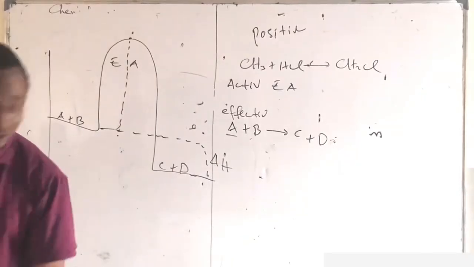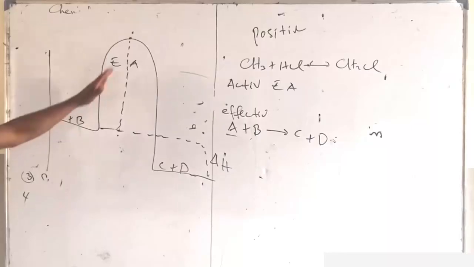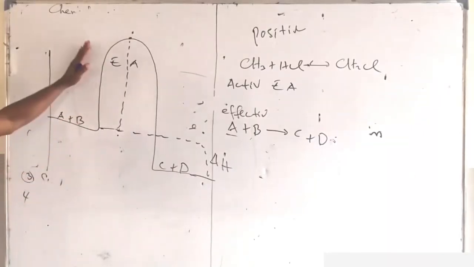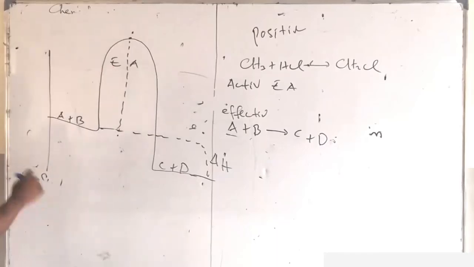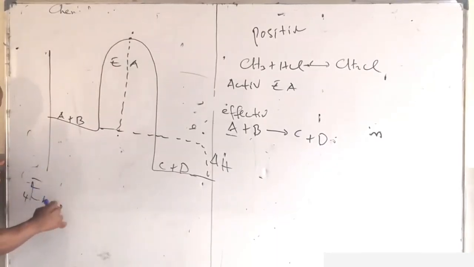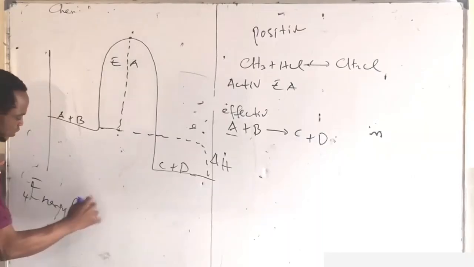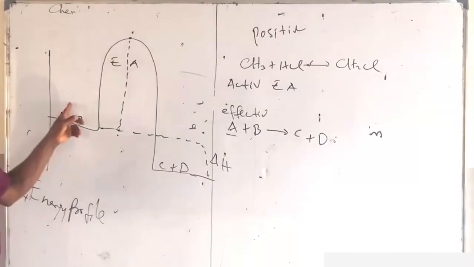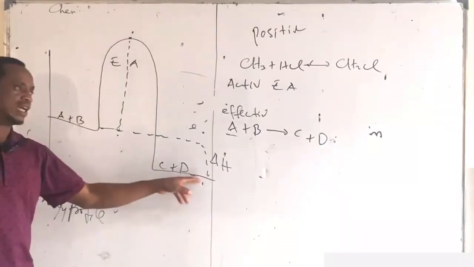So we'll now go into, let me explain this diagram very well, then we'll solve some problems. Under here now we have the EA here. I may have a diagram here. Please, we call this energy profile diagram. Energy profile diagram. So which is telling us whether the reaction is exothermic reaction or endothermic reaction.